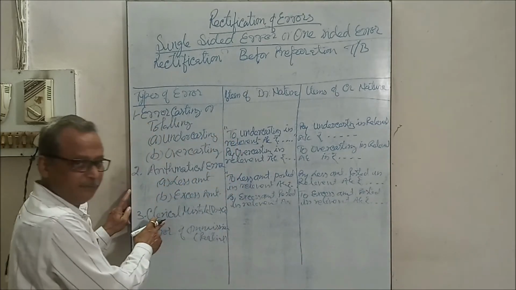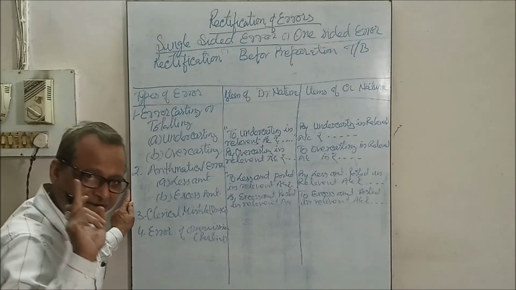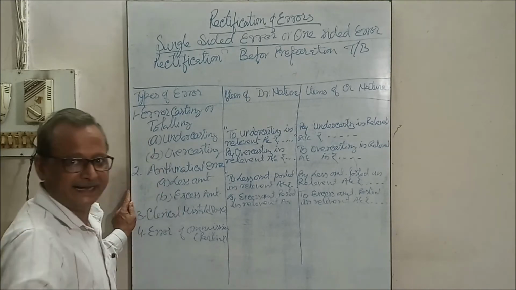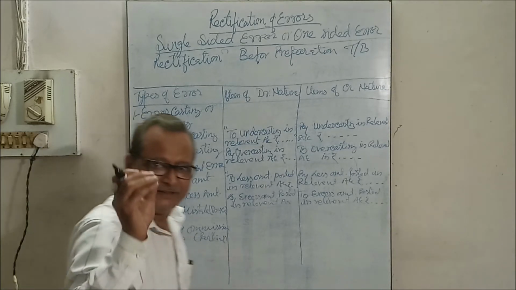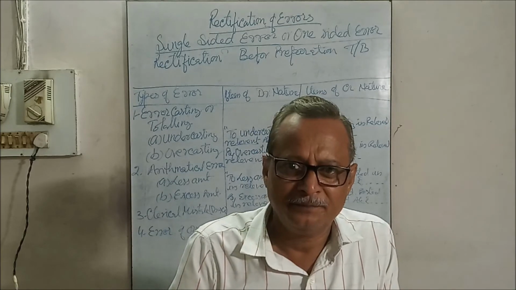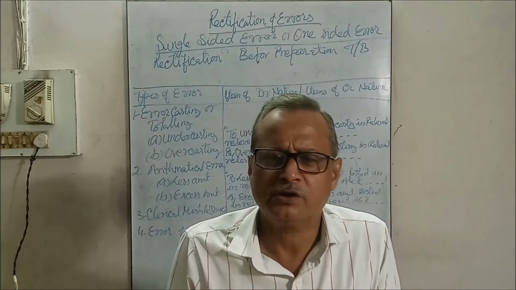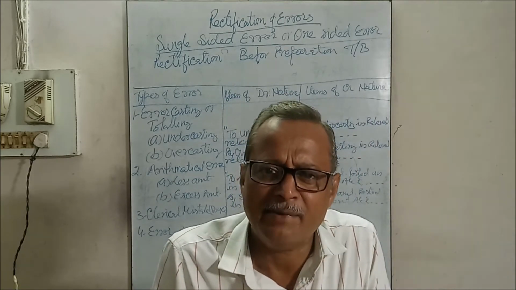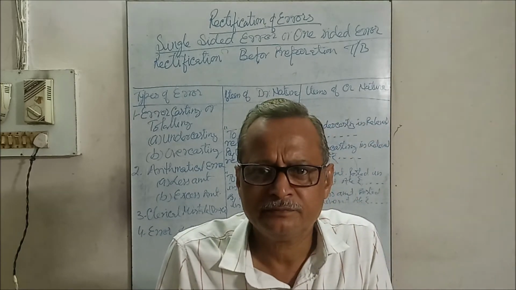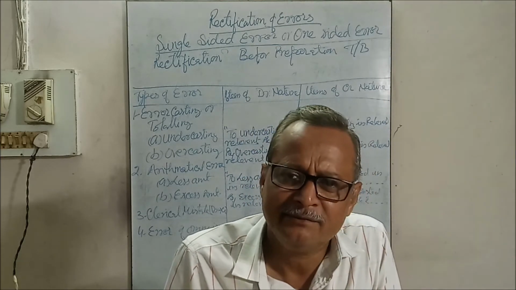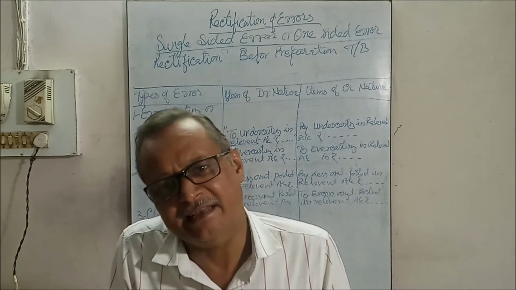Clerical mistake, wrong side posting. If the posting is to be made in the debit side but wrongly it was posted in the credit side, then you have to correct the debit side. Suppose goods sold to Ram on credit, Ram account debit to sales, it should be posted in the debit side of Ram's account, but wrongly it was posted in the credit side by sales 5,000.